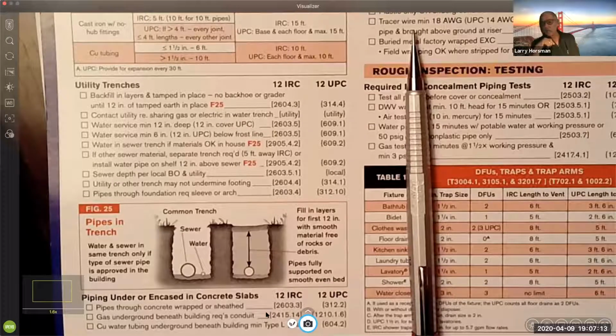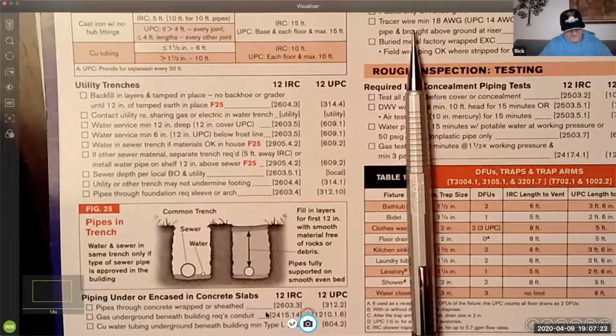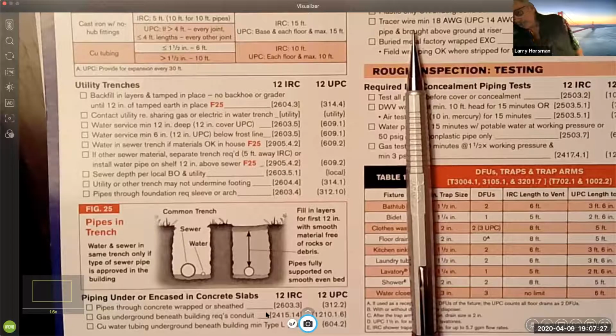Pipes are to be fully supported on a smooth, even bed. Often what you see out in the field is a rock every 4 or 5 feet, or a piece of wood or stick, something. And that's not what the inspector really should be seeing.